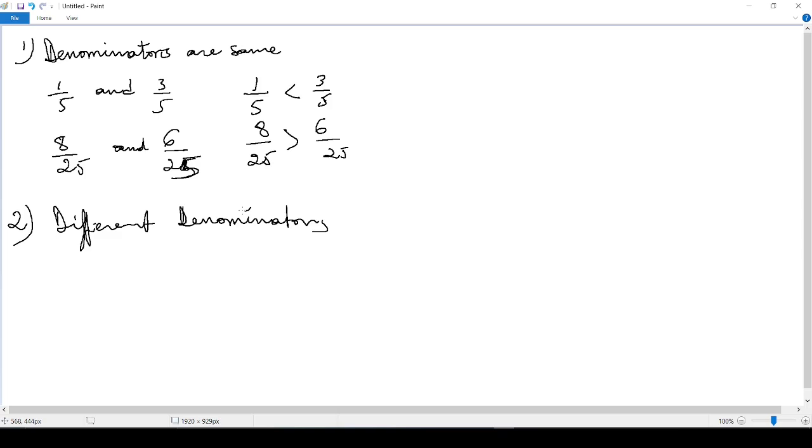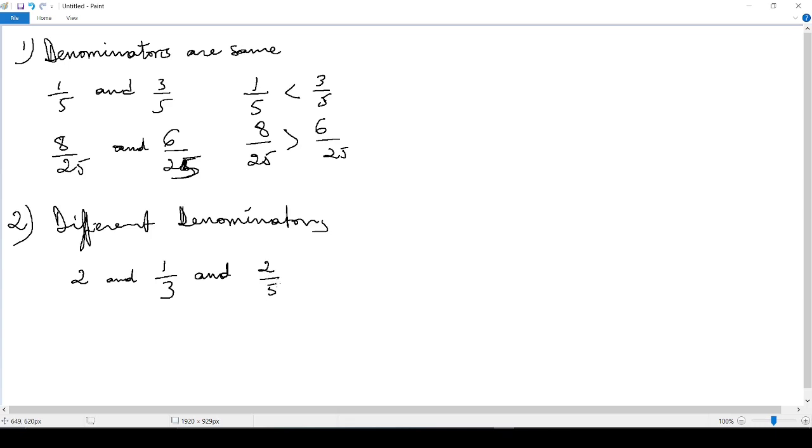So let's do an example comparing 2, 1/3, and 2 over 5. Here we have three fractions.